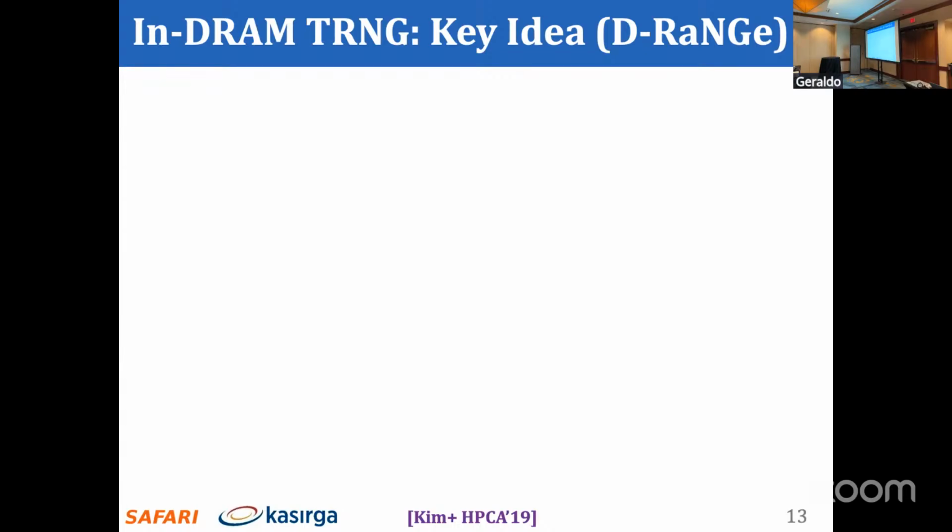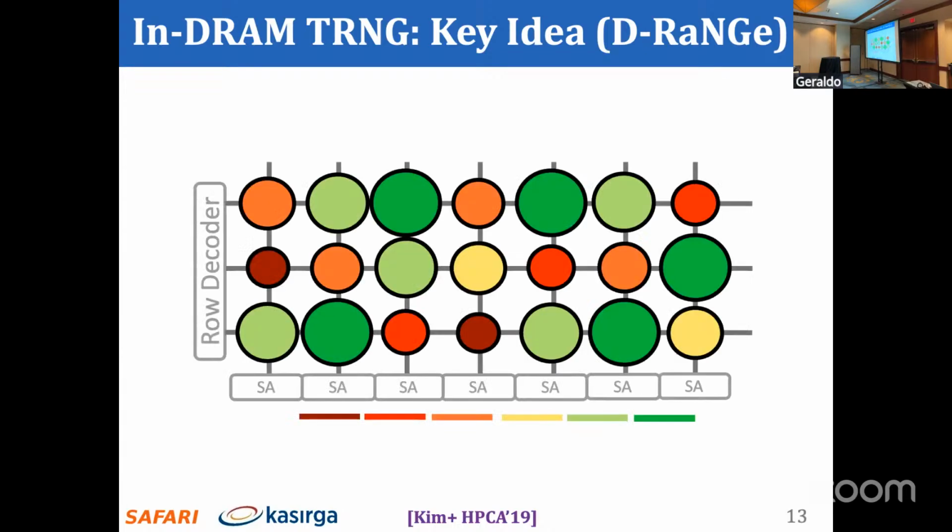As for in-DRAM true random number generation, again, I'll try to describe pictorially what we're doing here. This diagram depicts a bunch of cells in a DRAM subarray, and we size and color these cells according to the probability of failure when we access them with a reduced access latency. We activate the row, then we wait for a varying amount of time, and then we access this cache block. If that access yields an error with a very high probability, that's a red cell.